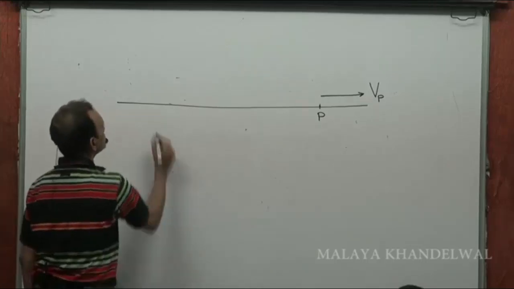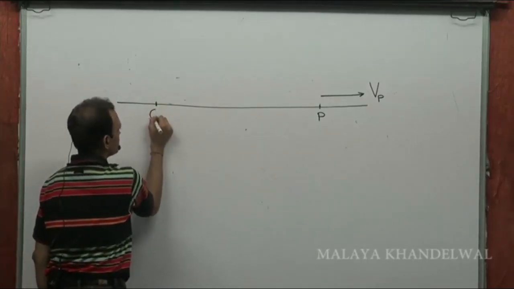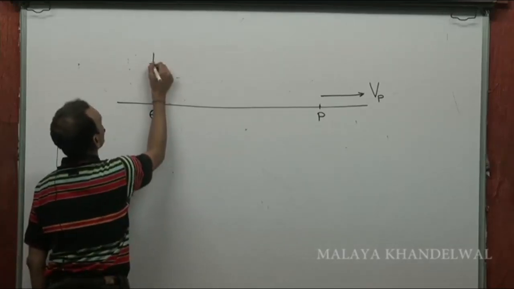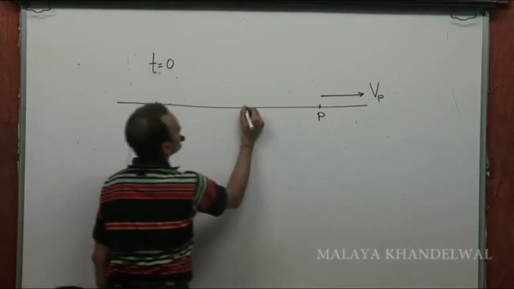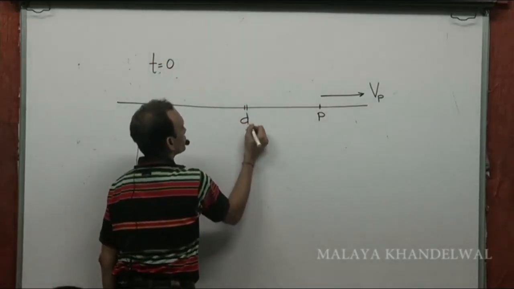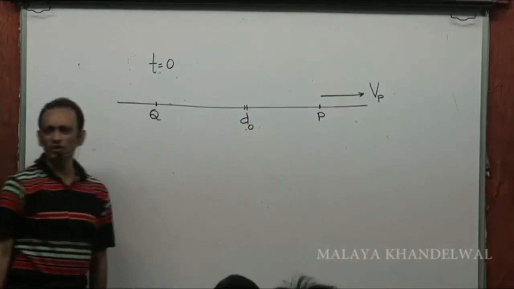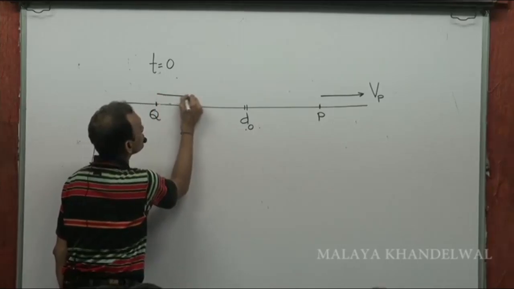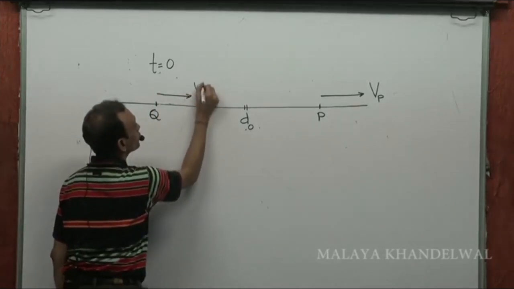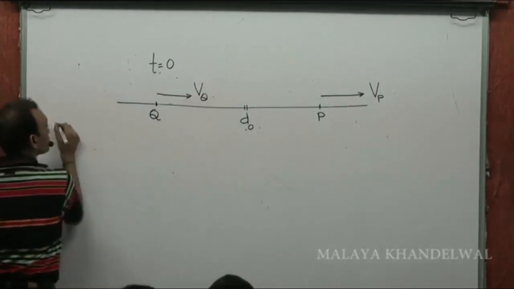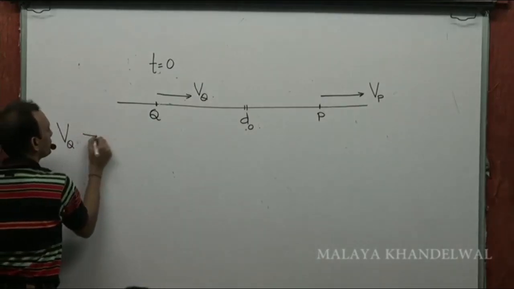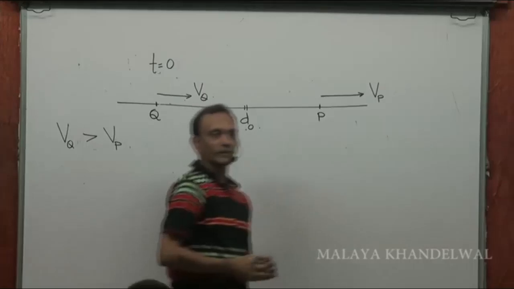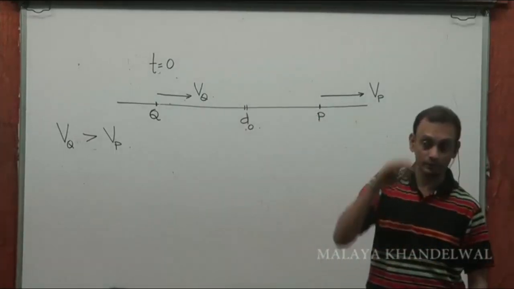Clear? There is a particle Q which at a certain instant of time, the separation between P and Q is D naught. Velocity of Q, say at this instant of time, is Vq. And say Vq bigger than Vp.